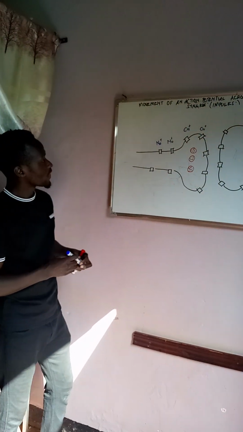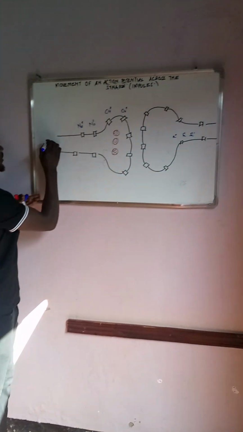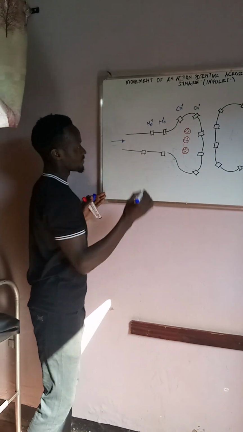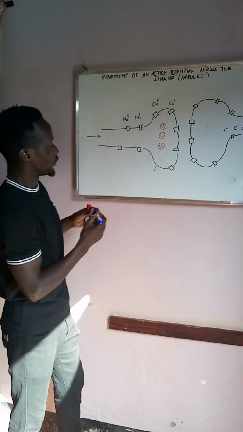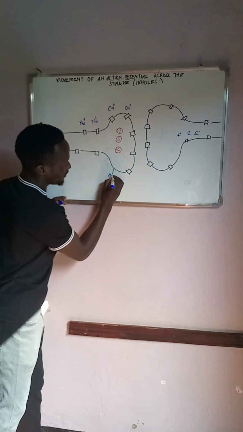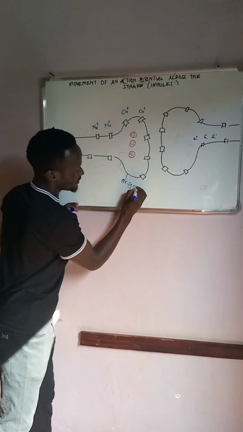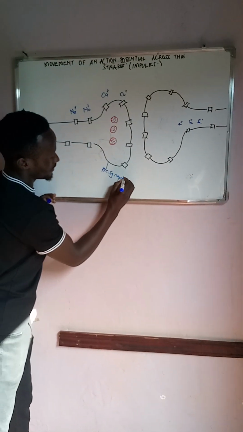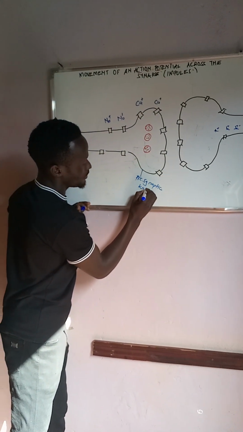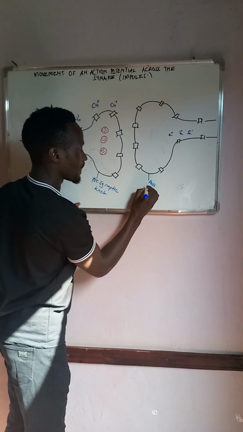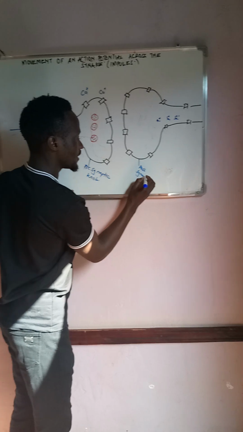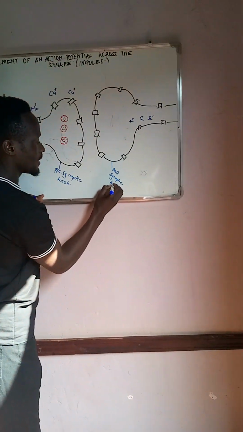So, what happens when an impulse reaches the presynaptic knob? This is our presynaptic knob, and this is our postsynaptic knob.